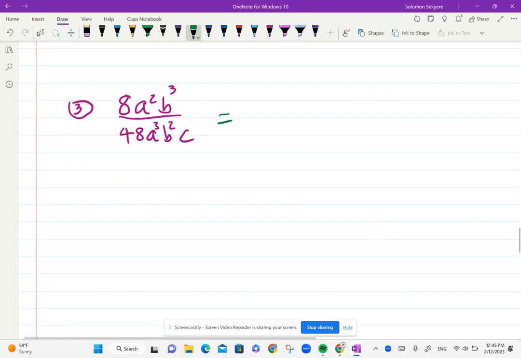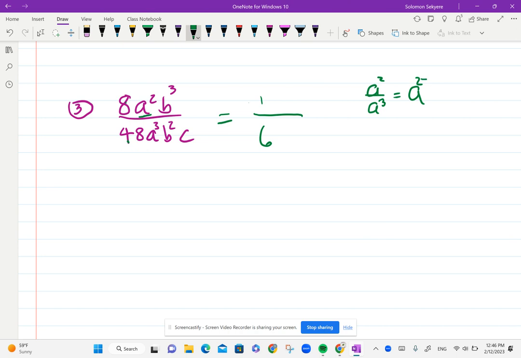Okay. What about this one here? Last one. Again, 8 over 48. We do that first, which is 1 over 6. Now we go to a squared divided by a cubed. We subtract. By the laws of exponents, we subtract. So it becomes a to the power negative 1, which is 1 over a. So we write 1 over a. And then we go to the b.